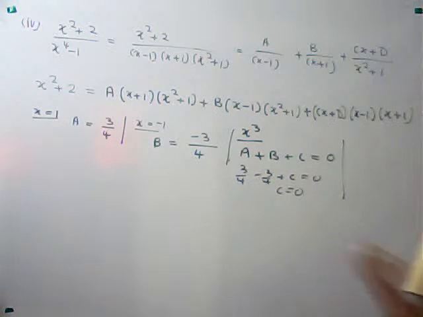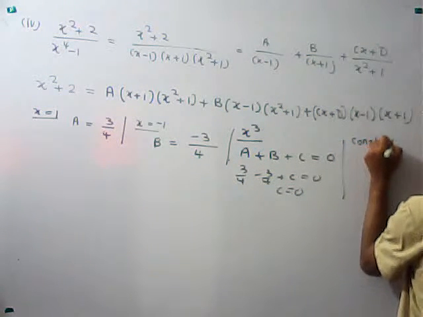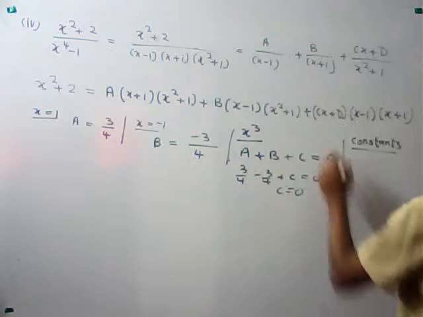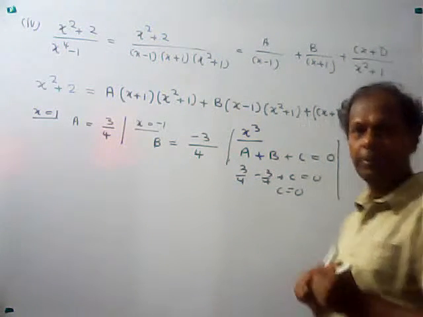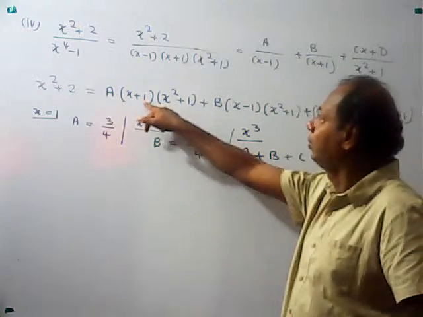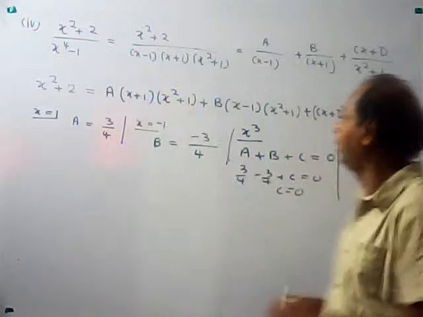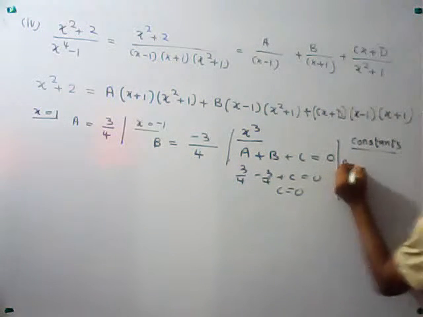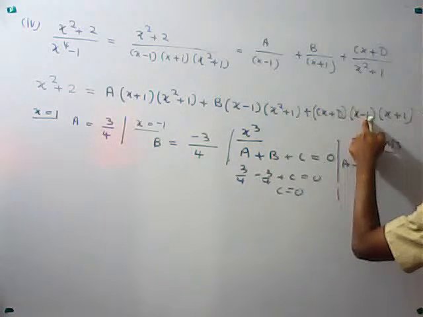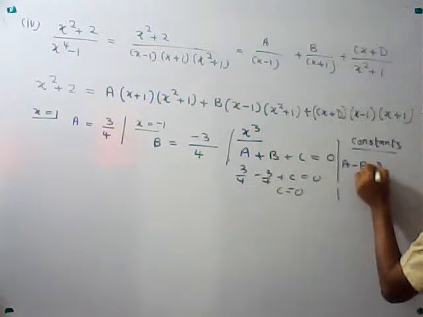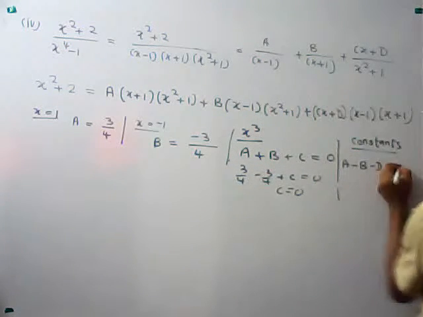For which we go to constants. On the right, constants you get by setting x equals 0: a minus b minus d equals the constant on the other side, which is 2.